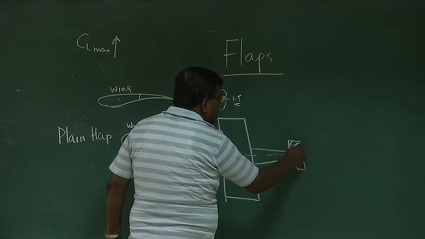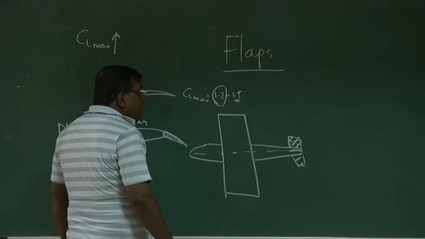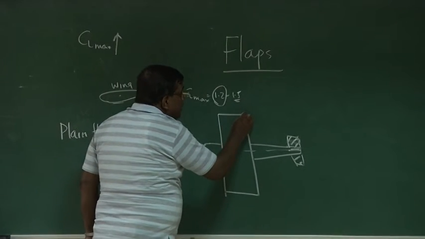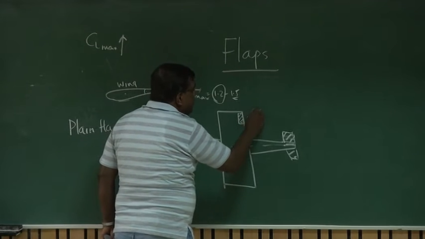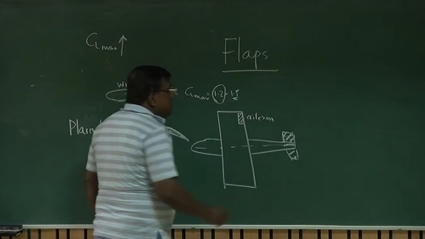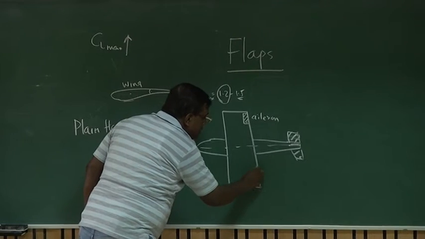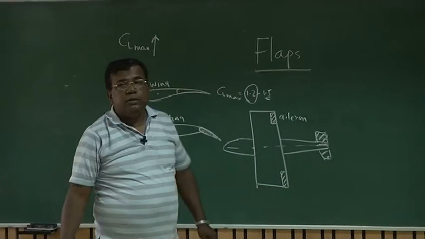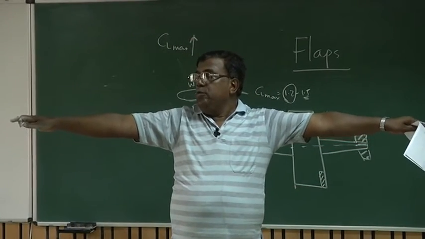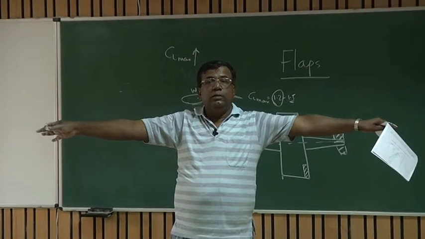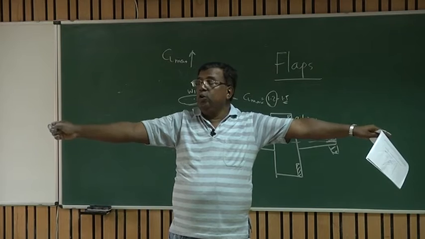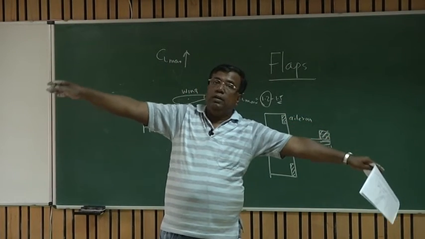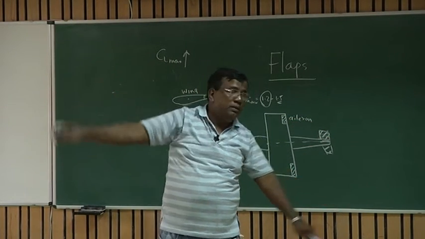The horizontal tail. When I'm saying flap, this portion, this is aileron, okay? This is used for what? I demonstrated that if I put this aileron down, that means camber of my right wing has changed, so more lift here, so it will give a bank, left bank like this.